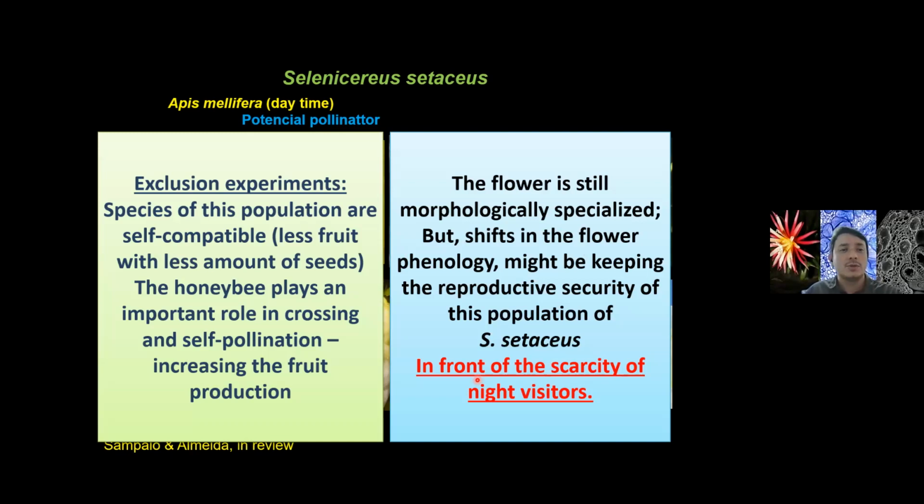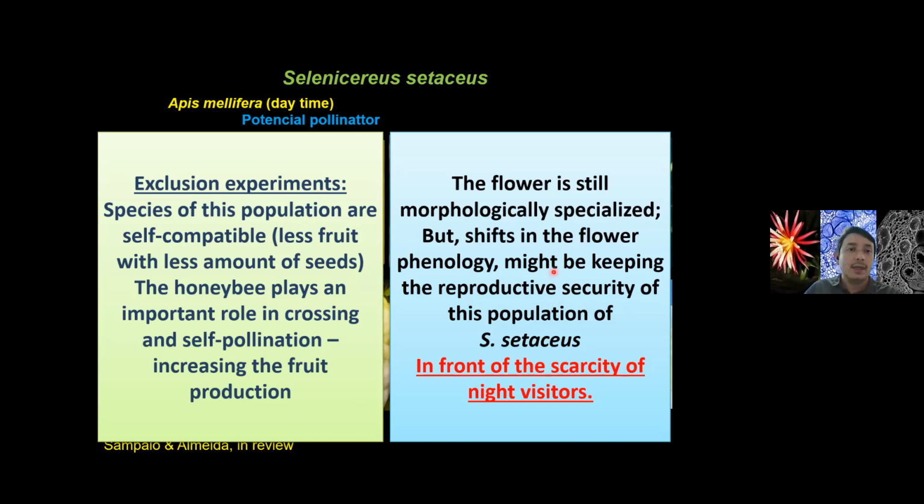And also this species is able to produce fruit spontaneously, as it is self-compatible. But anyway, these honeybees are playing a role in guaranteeing the reproductive security of these populations of Selenicereus setaceus in that region.